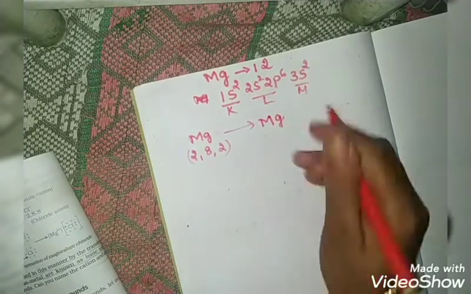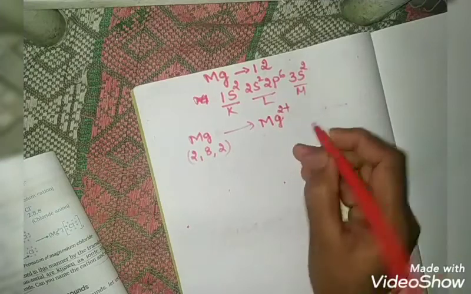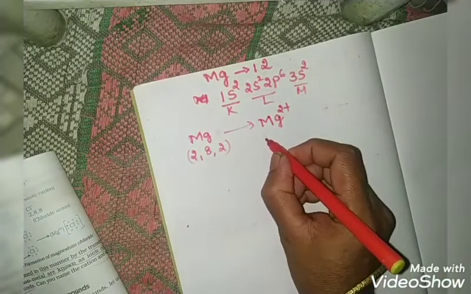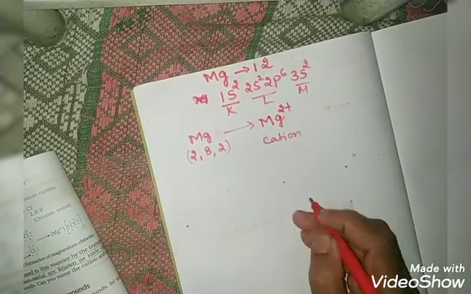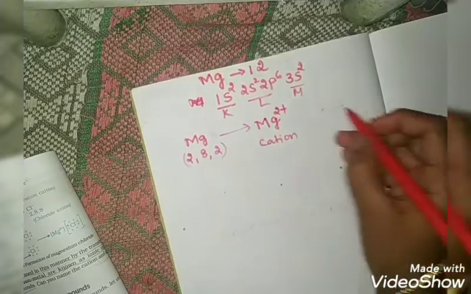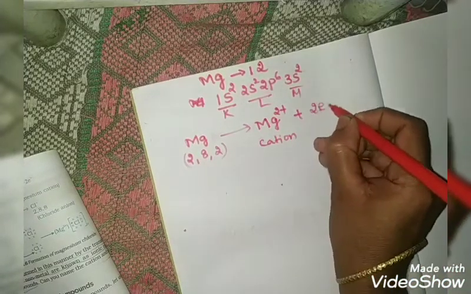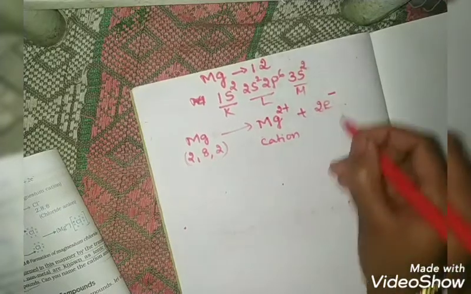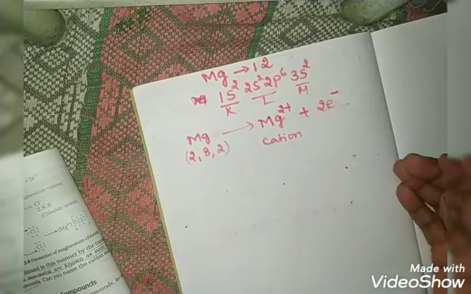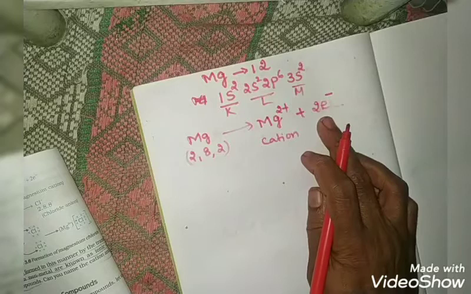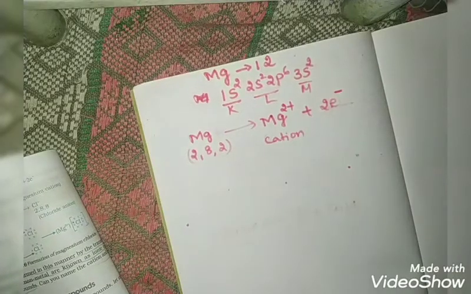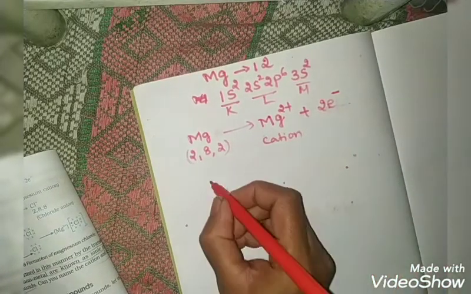So magnesium loses 2 electrons and it becomes magnesium cation. 2 electrons are released there, isn't it? Given up. 2 electrons are lost. And now what happens? Again, chlorine we have to consider, isn't it?